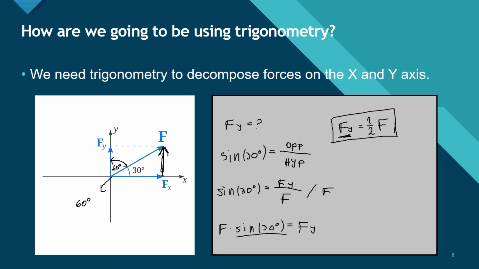Now this is the angle that we're using in our trigonometry functions, so F stays the hypotenuse, but this time the projection on the x-axis is going to be the opposite side, and the Fy is going to be the adjacent side. Use the table on slide 6 and see where the values for the ratios are actually the same. You're going to see sine of 30 and cosine of 60 are going to be the same ratios.